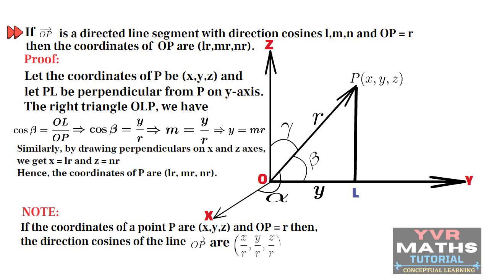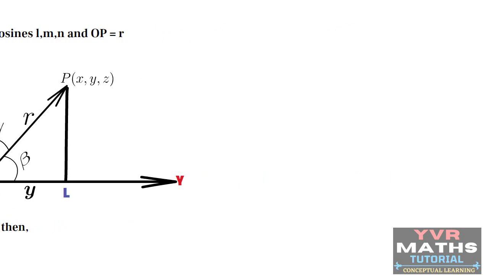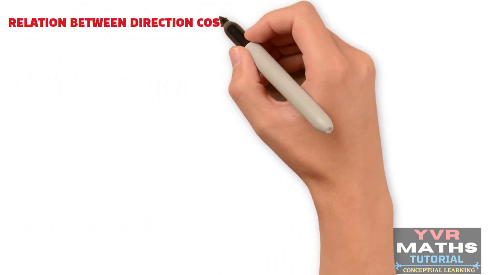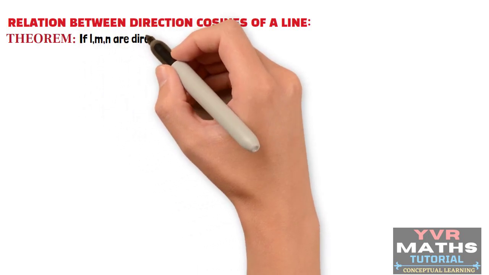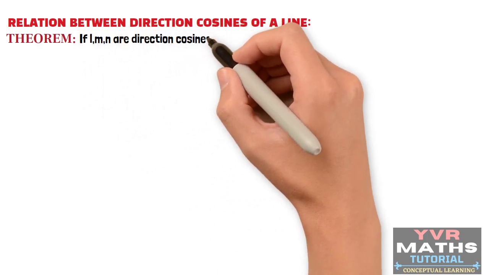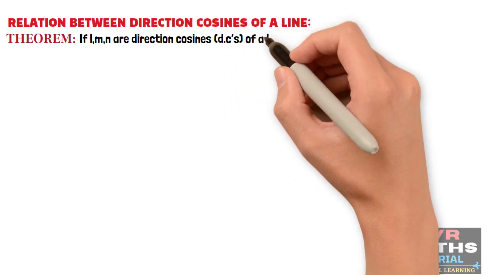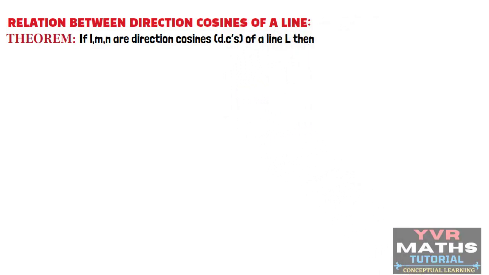Now we will discuss the relation between direction cosines of a line. Let me discuss this concept by taking a small theorem. If l, m, n are direction cosines of a line L, then l square plus m square plus n square is equal to 1.